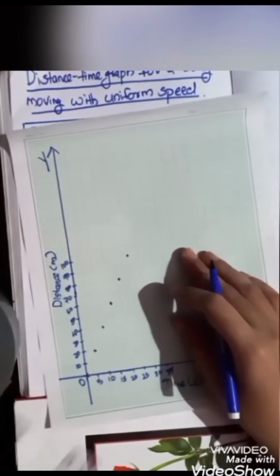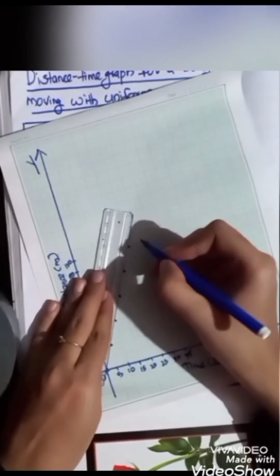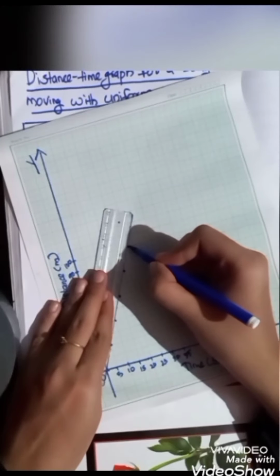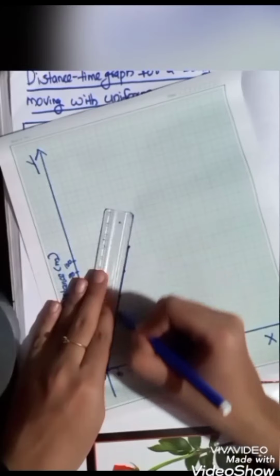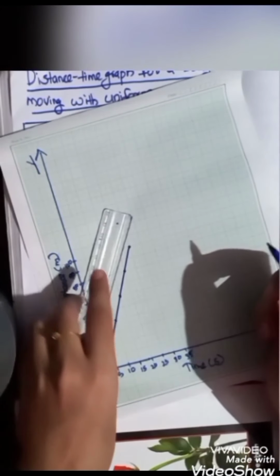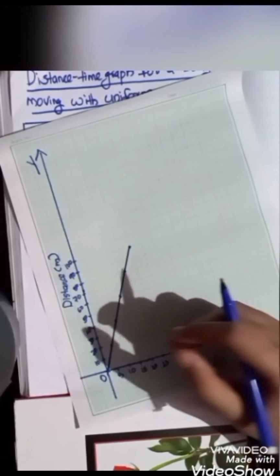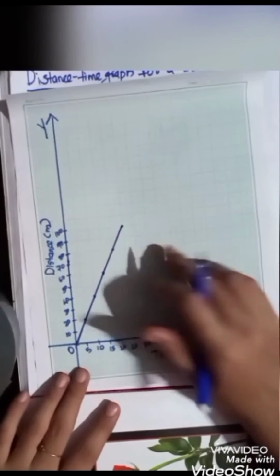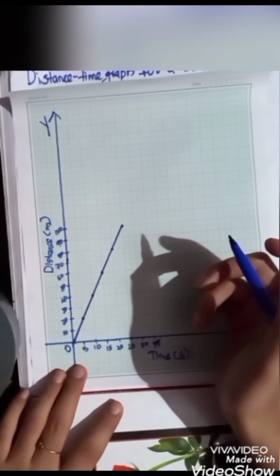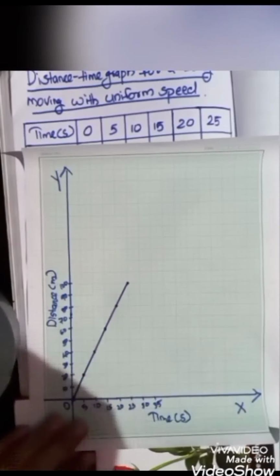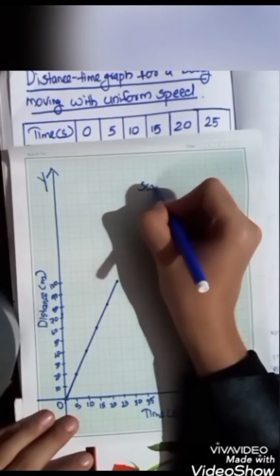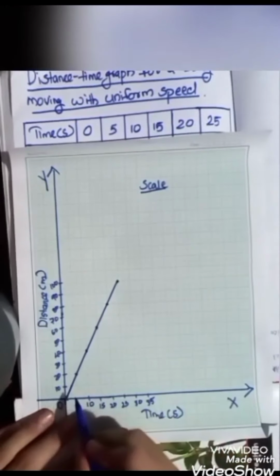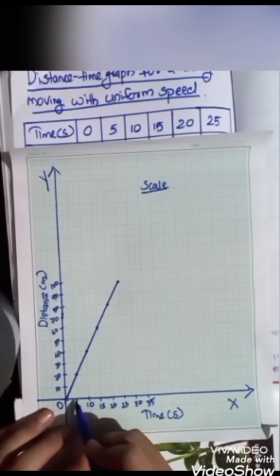Then we can join these points. By joining these points, we will get a straight line. We will get the graph as a straight line. Then we can write the scale here. On the x-axis, 1 centimeter is equal to 5 seconds.